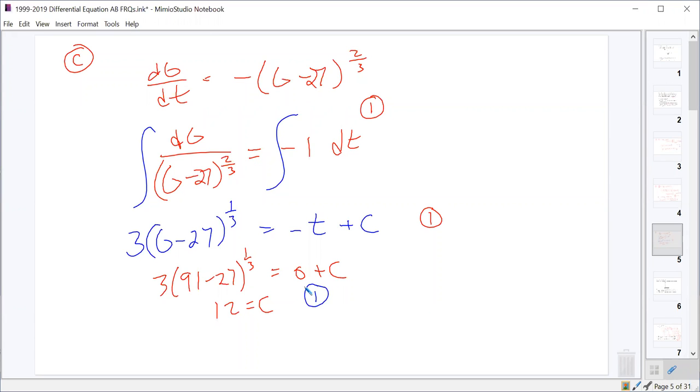And so we've now got 3 times g minus 27 to the 1/3 equals 12 minus t. And we'll divide everything by 3.